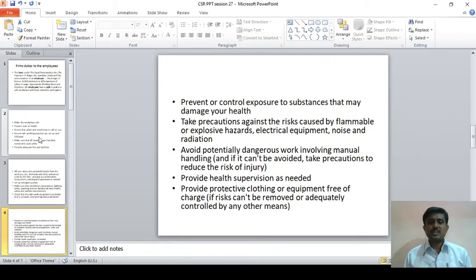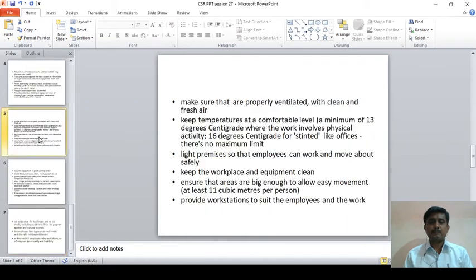Provide protective clothing or equipment free of charge. If an employee works in a high temperature environment, proper clothing should be provided, and if it is a low temperature environment, even in that case proper clothing should be provided.